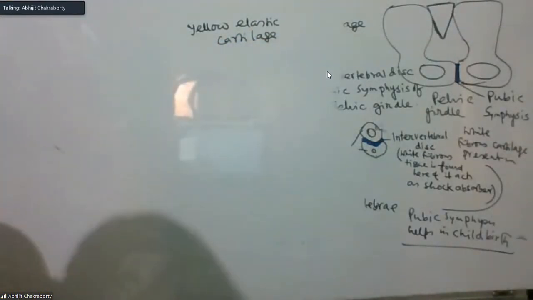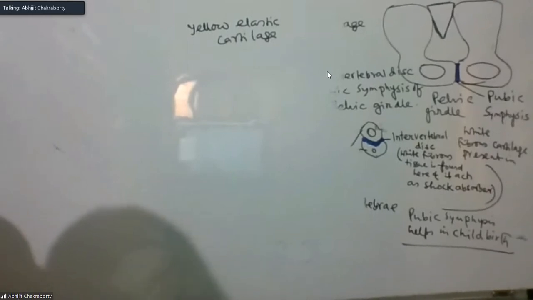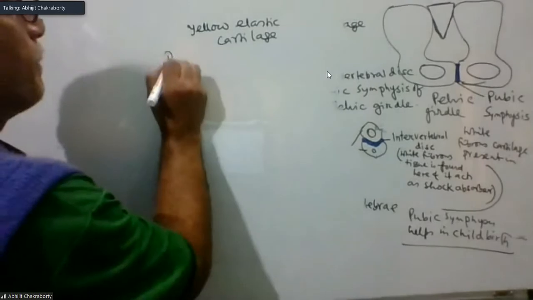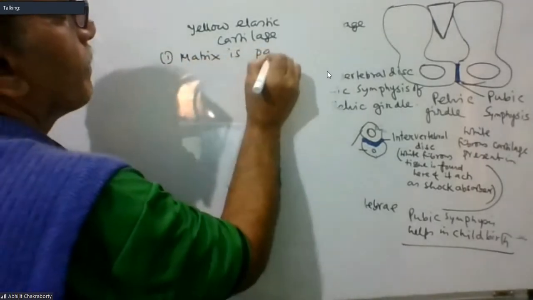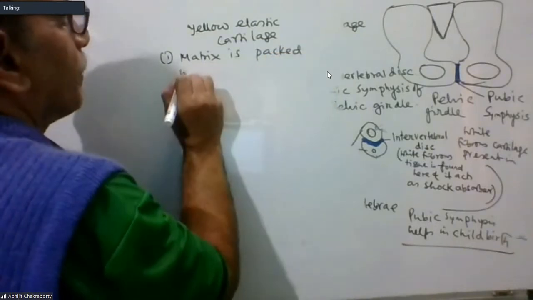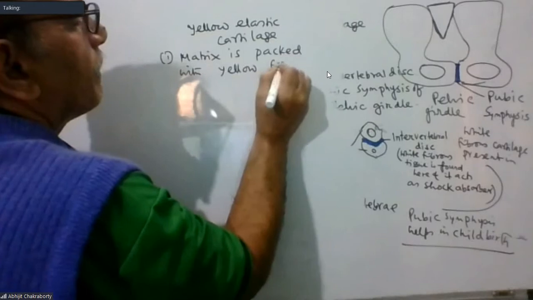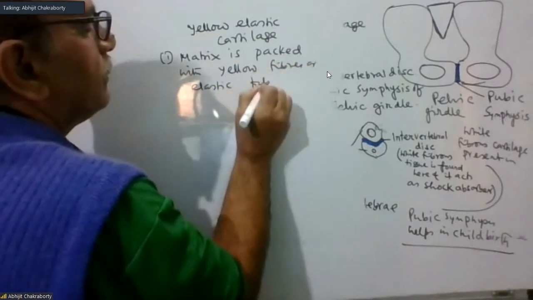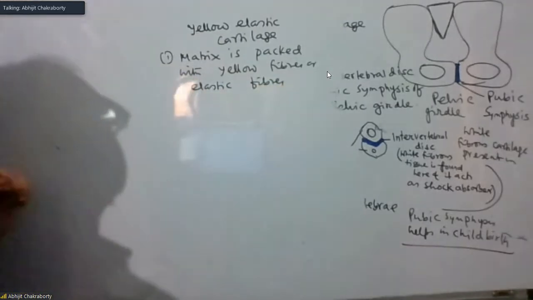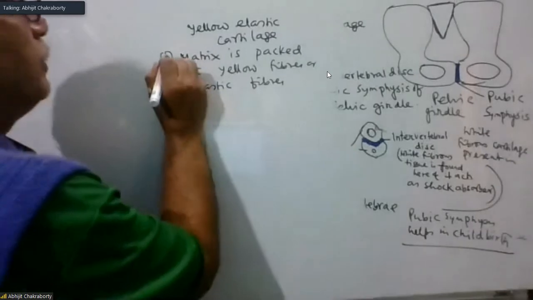Yellow elastic cartilage. Actually, this cartilage matrix is packed with yellow fibers or elastic fibers. Point 1.